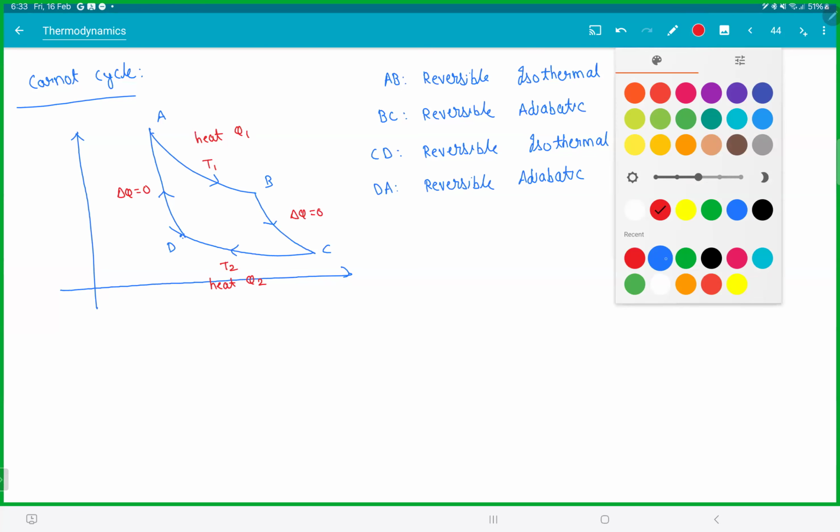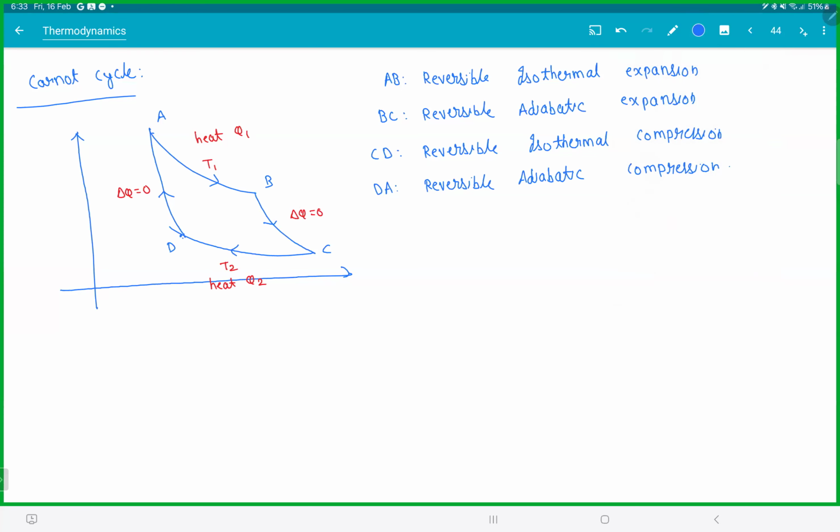If I try to put this cycle in a diagram for heat engines, this is what we do. We have something called the source. Source is high temperature. The heat is taken from the source, maybe your steam engine where you're putting coal and burning, and you're supplying it to the engine.